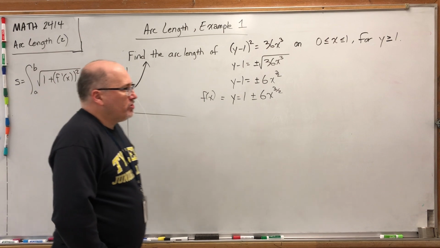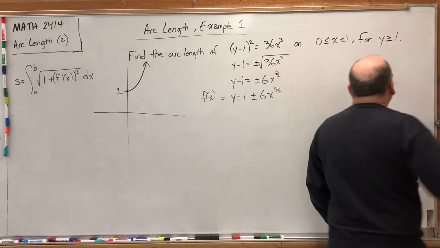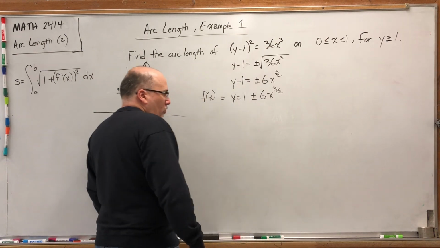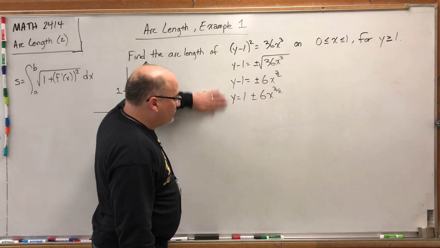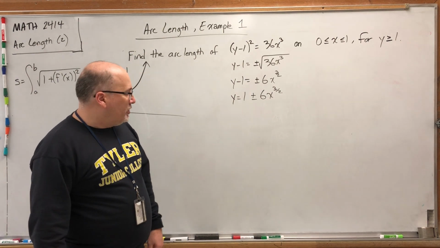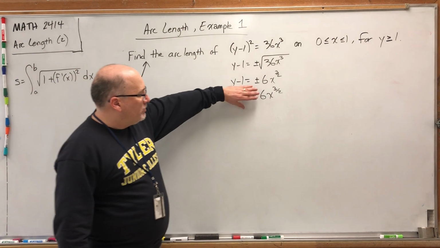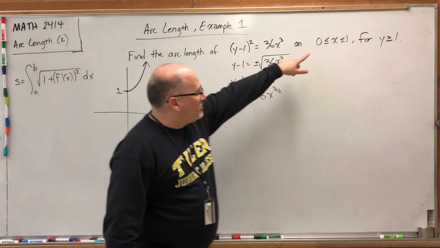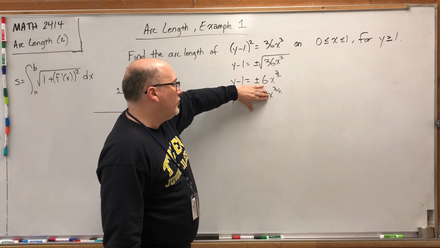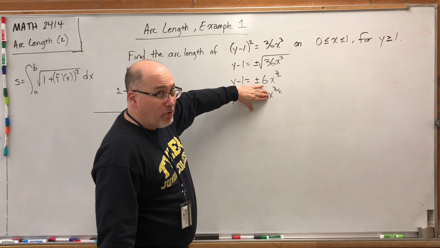But remember our restriction for the y's. y has to be greater than or equal to 1. So we can choose the plus minus that will guarantee that. So which should we choose? Well, since our x's are not negative, x to the 3/2 power will be non-negative, so it'll be 0 or greater.